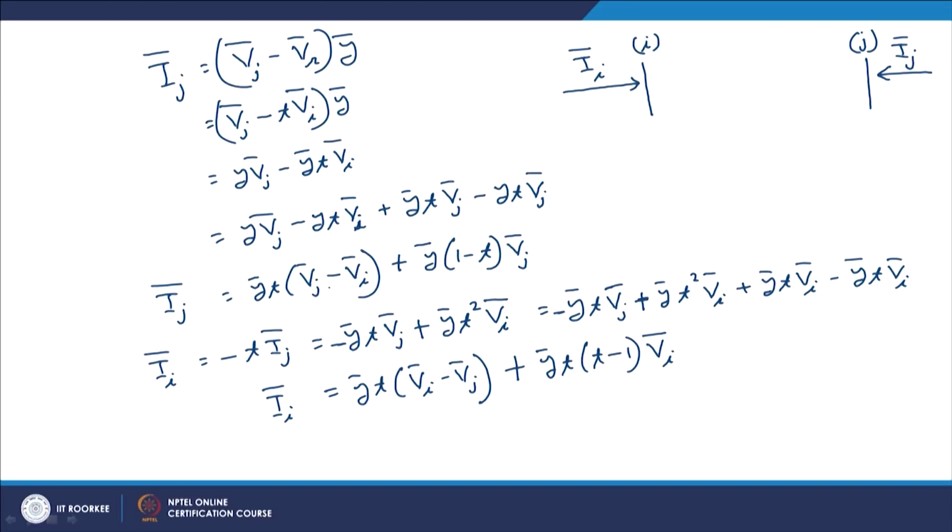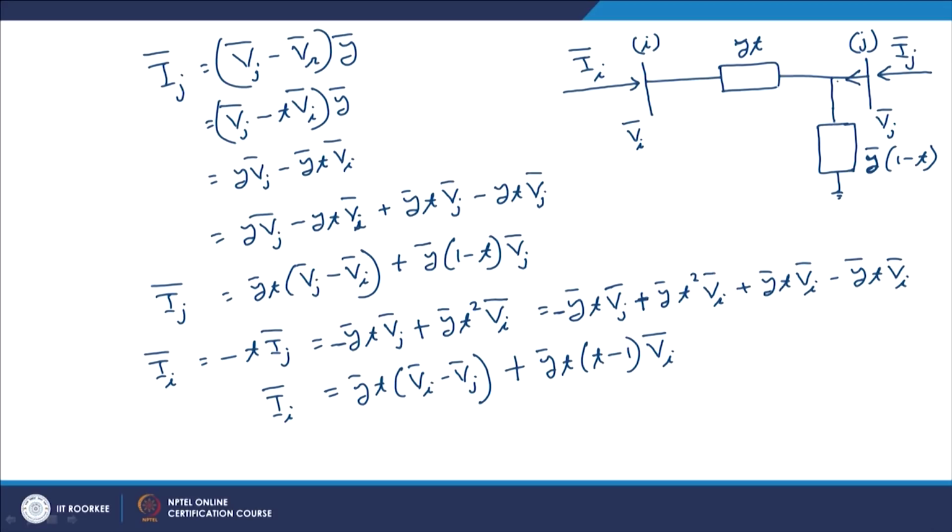One part is due to Y T into Vj minus Vi, and another part is Y into 1 minus T Vj. So, if I put an admittance here equal to Y T, then this current would be equal to Y T into Vj minus Vi. This voltage is Vi, this voltage is Vj, and the shunt part I can put would be equal to Y into 1 minus T.